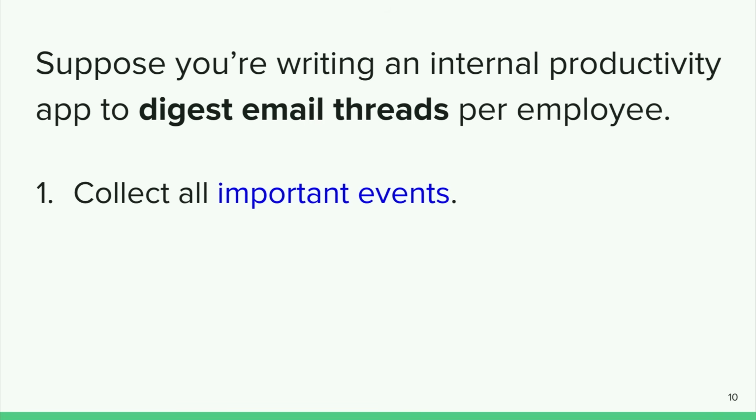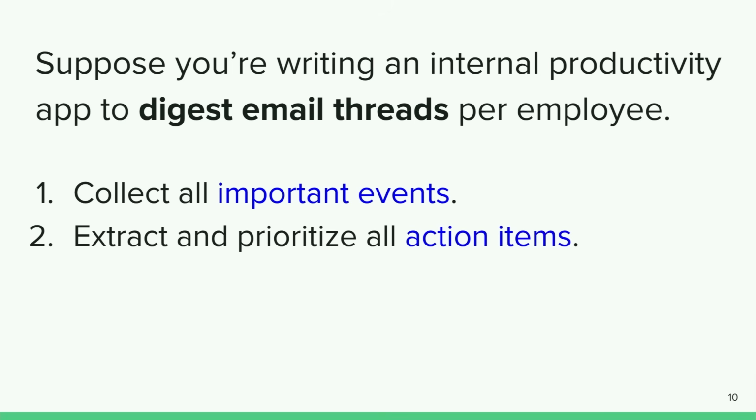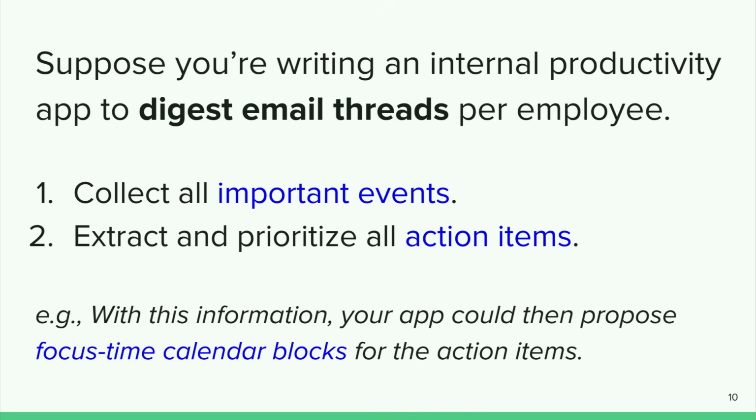So maybe it's going to look at all of their emails, privately for each employee, and maybe look at all of the events that have come up that might be interesting to them, maybe things that they were invited to or things that have showed up in their email, and maybe extract all action items and things that they promised or things that they were asked to do or things that they kind of brainstormed with other folks. And then maybe with this information, block some focus time blocks in their calendar so that they can work on these things, just a simple idea you might have that you want to build internally in your company.